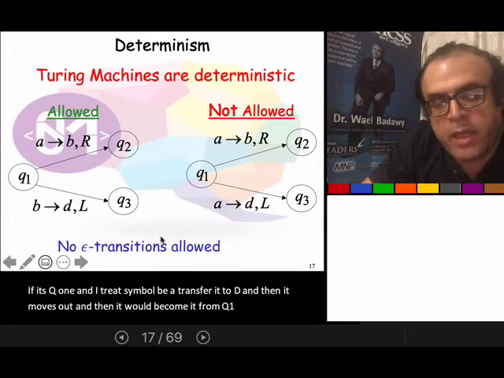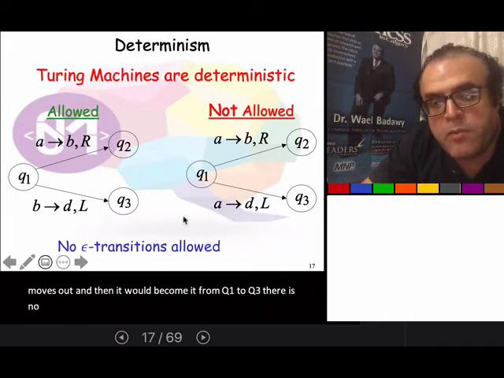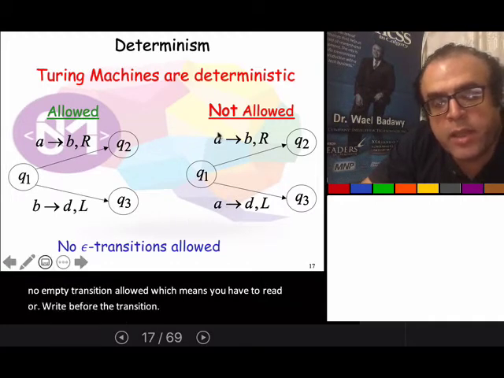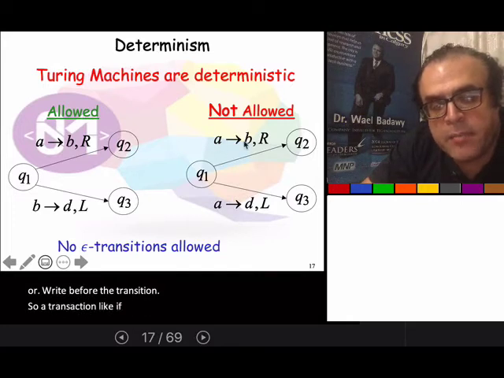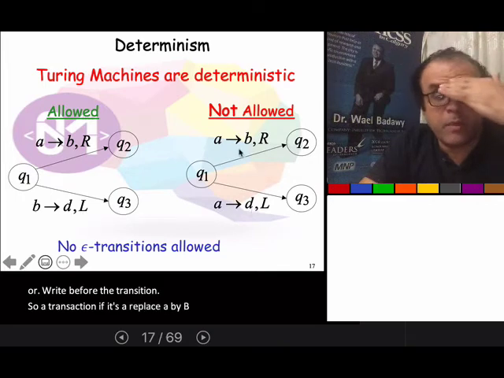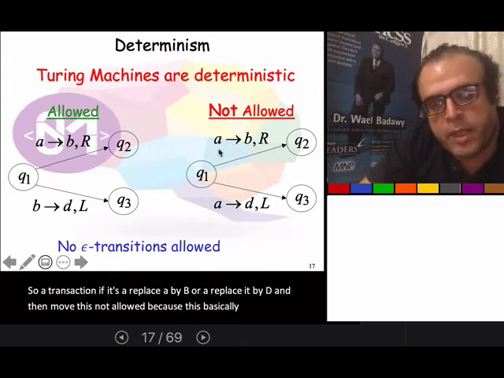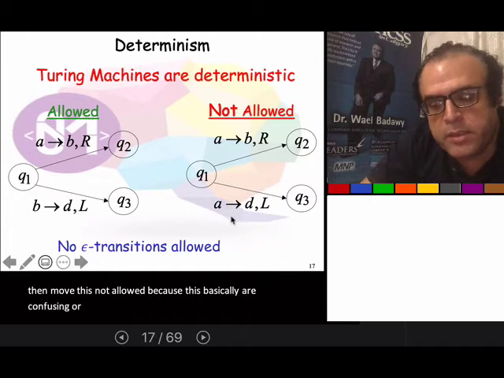There is no empty transition allowed, which means you have to read or write before the transition. A transition like: if it's A, replace A by B, or replace A by D, and then move, is not allowed, because this is confusing and generates a non-deterministic output.